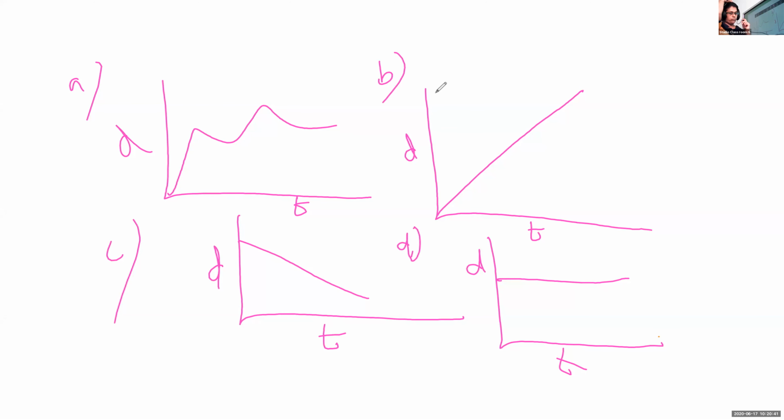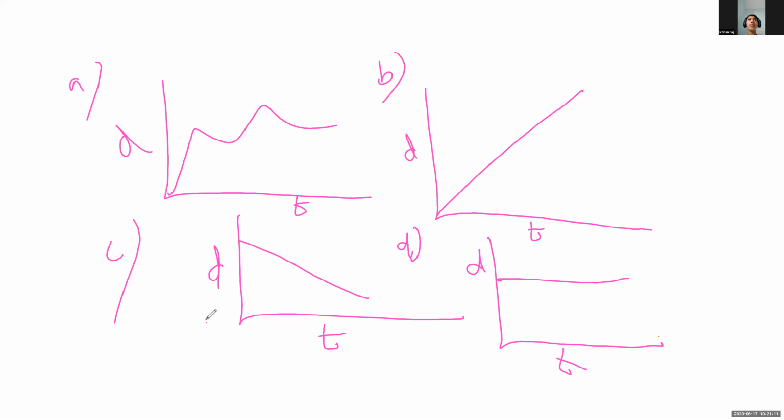My question to Rohan. Look at all four graphs and identify which graph represents uniform motion. You can just tell me A, B, C or D. Give me the answer, Rohan.